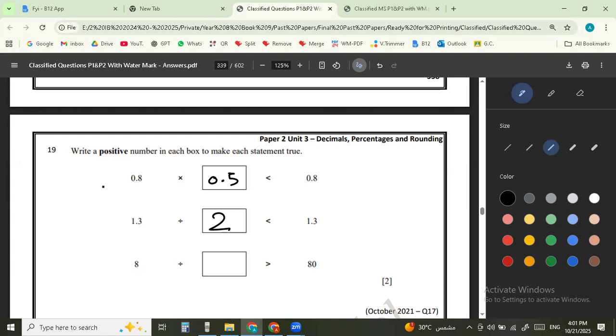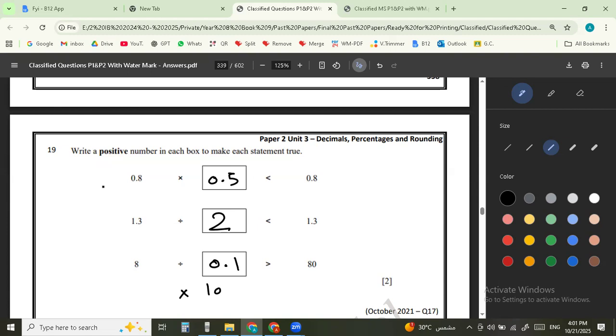For example, if you divide by 0.1, do you remember what we used to say? Dividing by a tenth is the same as multiplying by 10. So now this is equal to 80 exactly, but how can I make it greater than 80?